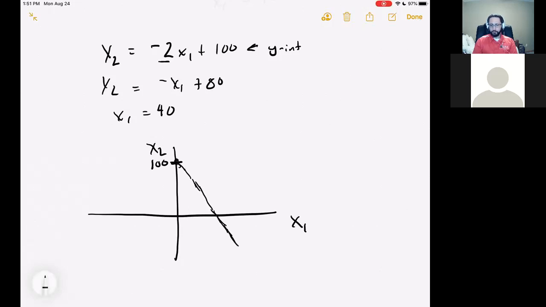Since I have this one point, I'm also going to plot the x-intercept. That's what happens when x2 equals 0. I get a solution of 50. I'm going to repeat this process for the second equation. 80 is below 100, and a slope of -1 is less steep than a slope of -2.